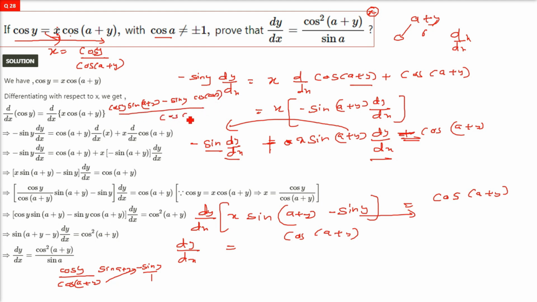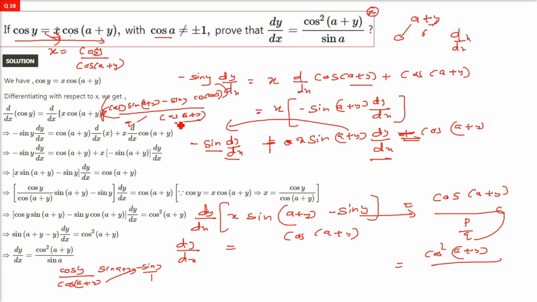Now this cos(a + y) is in the denominator, and this will go in the denominator, remember. So when we bring it into the denominator of the denominator, it is going to go to the numerator. Just assume that the numerator is p and the denominator is q. So p by q, when we put it, q will go in the numerator, and q is of course cos(a + y) only. So cos(a + y) into cos(a + y) will be cos²(a + y).